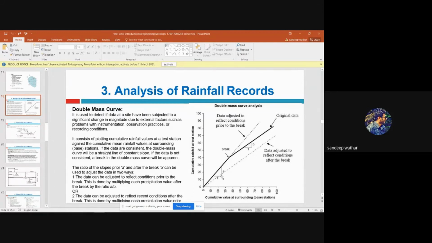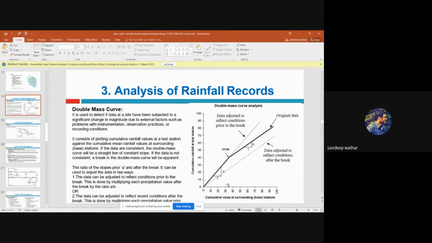What we need to do is that we need to determine this curve. Like see, for any given duration. Okay. So what we do is that we'll try to draw this curve with respect to those cumulative values.